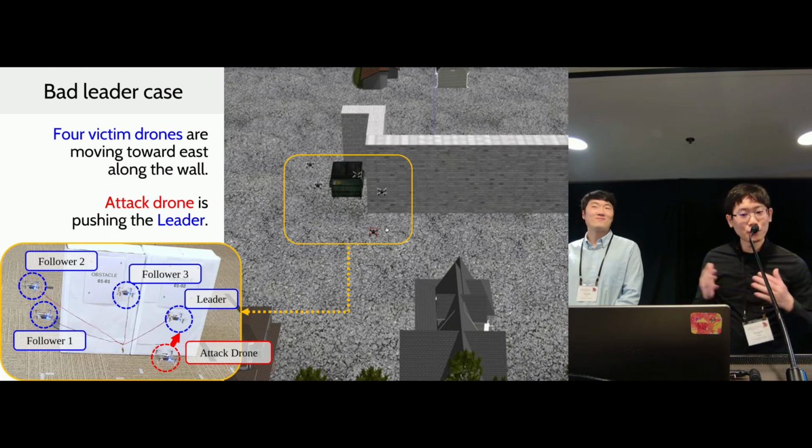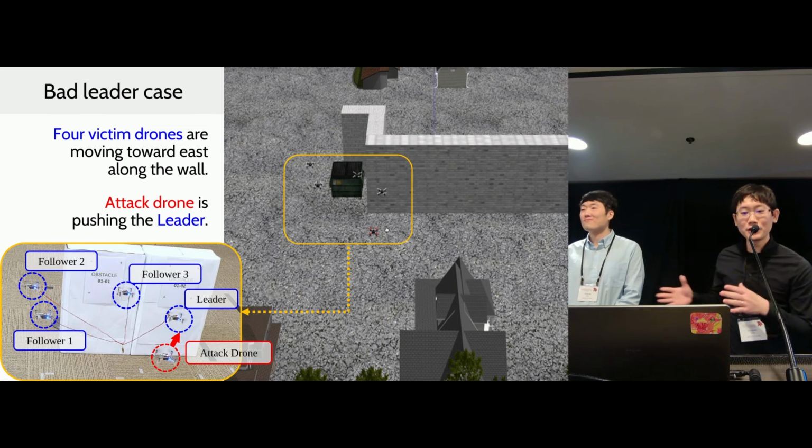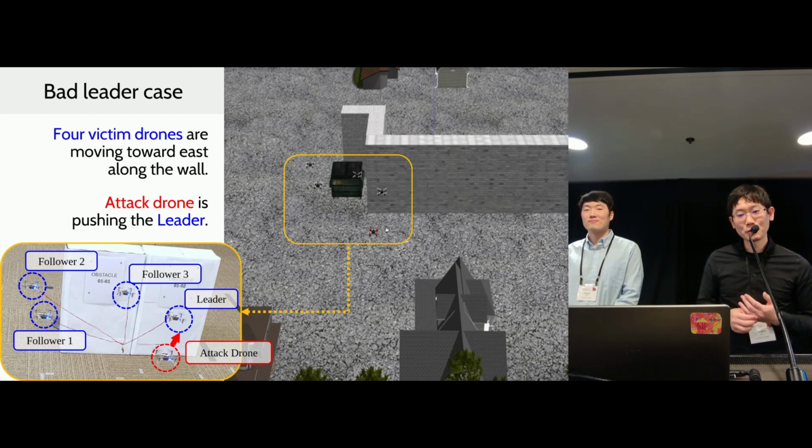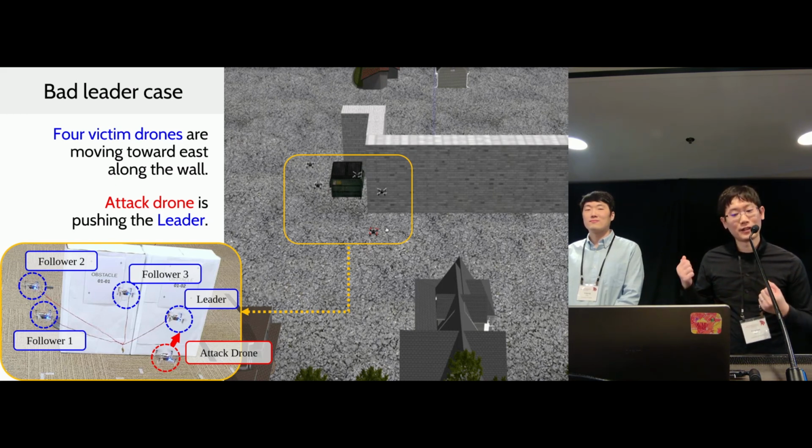Thank you so much. So the question is essentially, we only tested with one attack drone, and what happens if we have more? The answer is, of course, if we have more drones, then we can squeeze more. But our goal is to try to find the most cost-effective and efficient attacks.